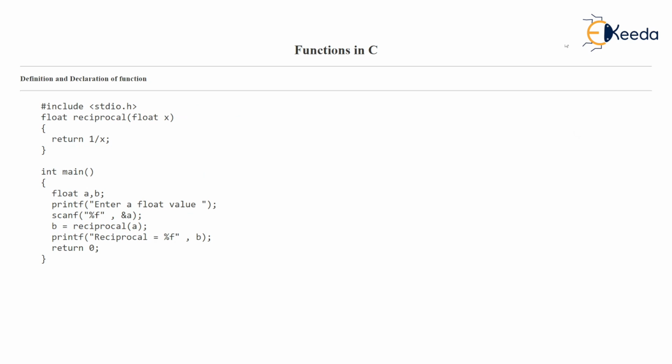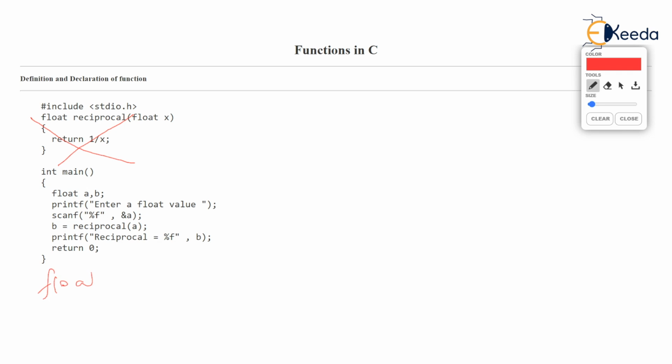This is not the area of our discussion. The discussion is about definition and declaration of function. To understand this, just imagine that instead of writing this function, float reciprocal(float x), before main, as we have done in all the examples so far, in the previous three videos and this one, where we wrote the function above main, I'm sure this question must have crept into your mind: what if we write the entire function below main?